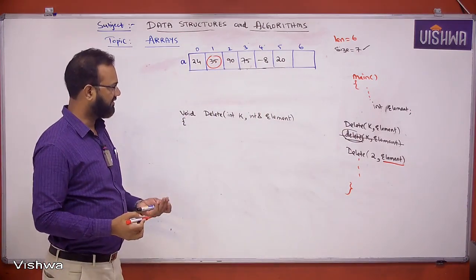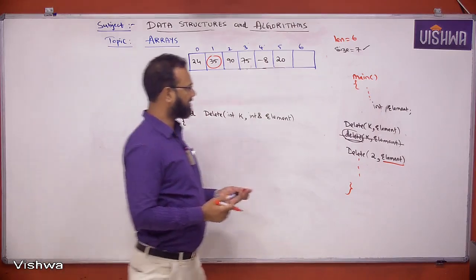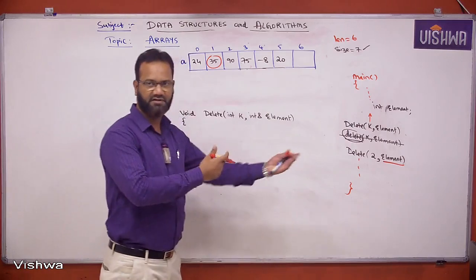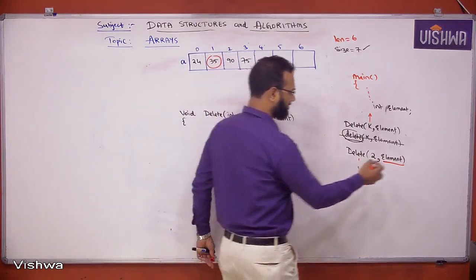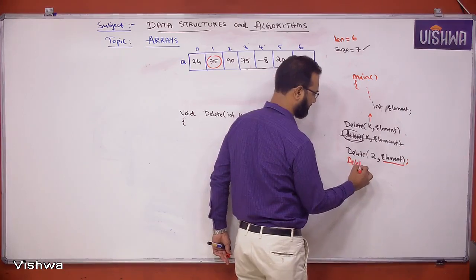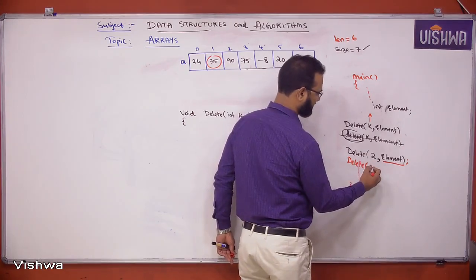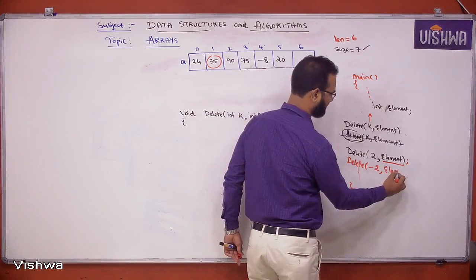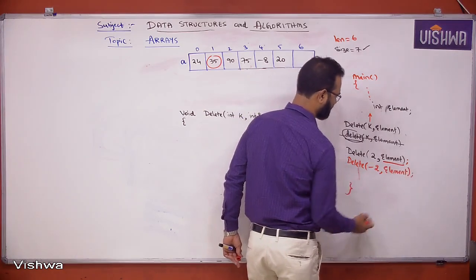So first of all, we need to check whether user has passed a correct value or not. Like we have seen in the last example, if user would have asked something like this, then what we should do? Say for example, -2 comma element. Is -2 a position?